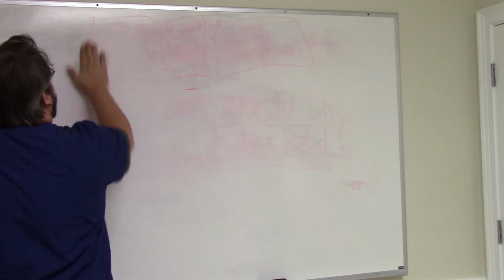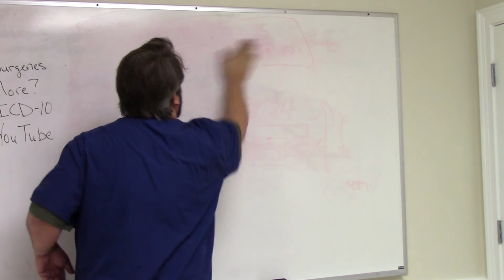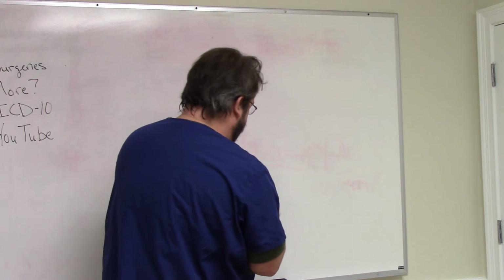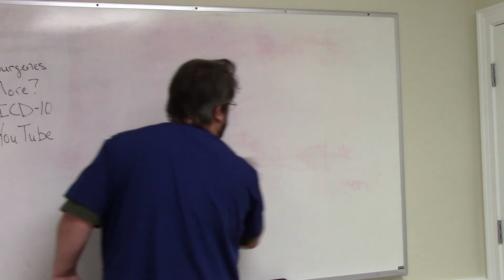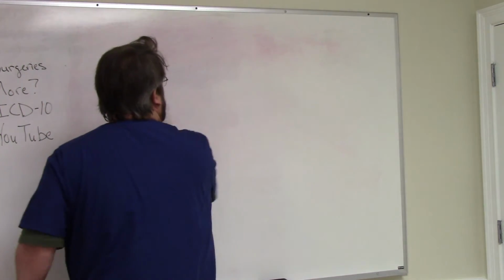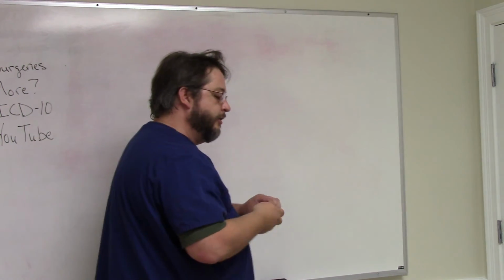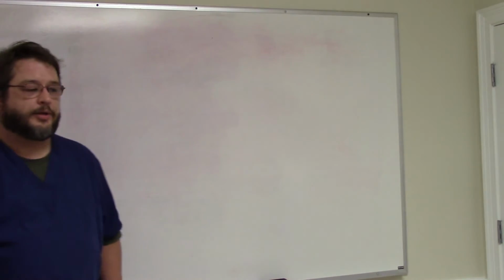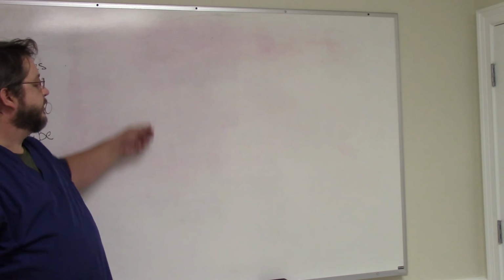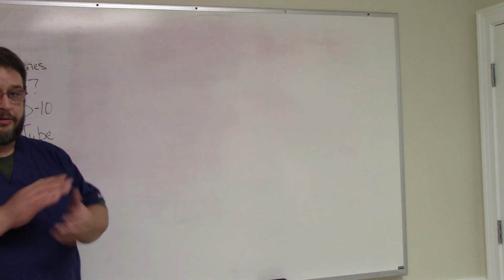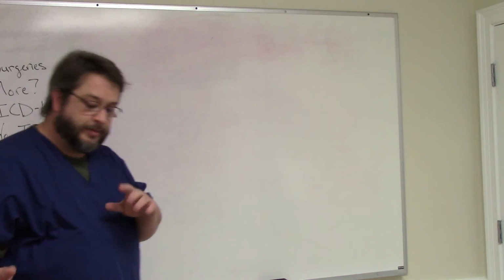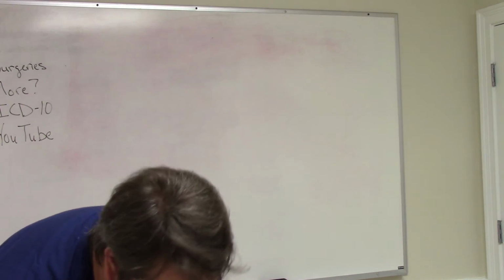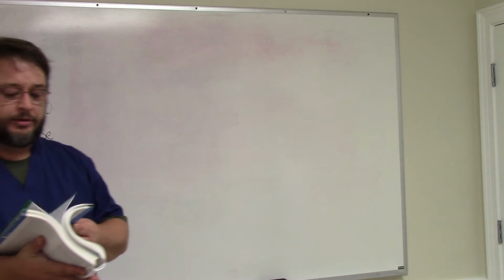In those elements, there are different aspects of the work, and based on the aspect of the work, you can code differently, such as the 99024 versus an E&M with a modifier 24, or such as the decision for surgeries, E&Ms. So we went backwards to modifiers, but it was necessary to understand the whole surgical spiel.